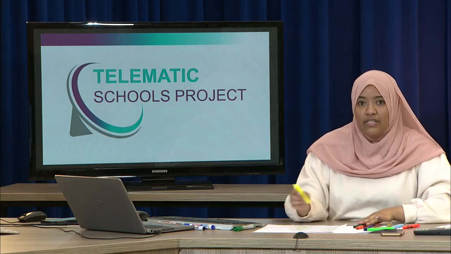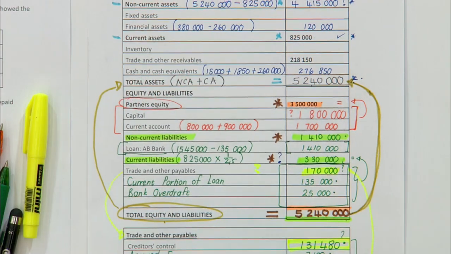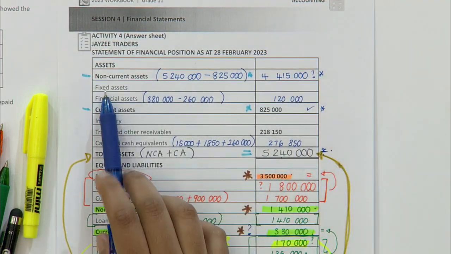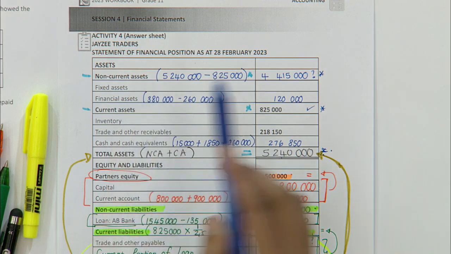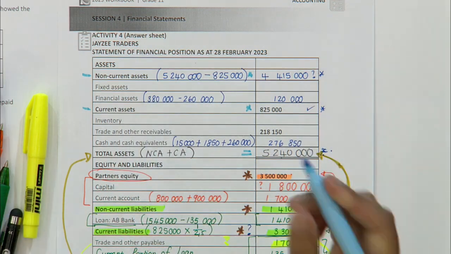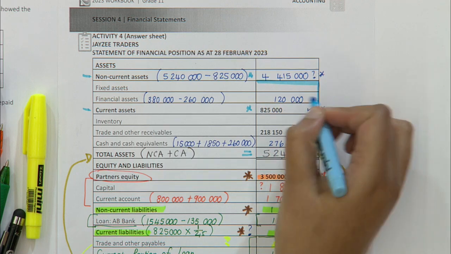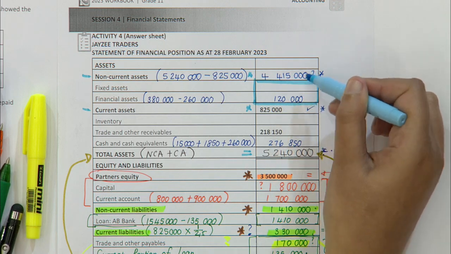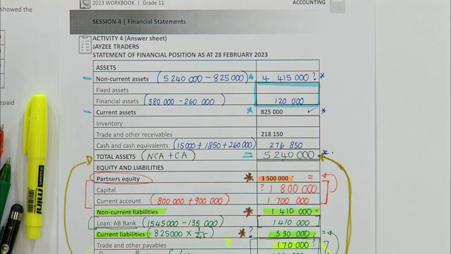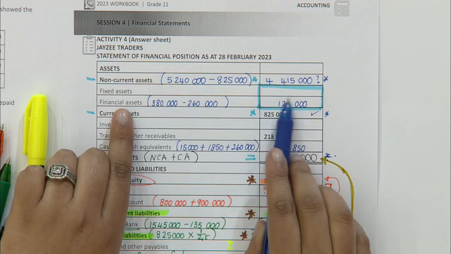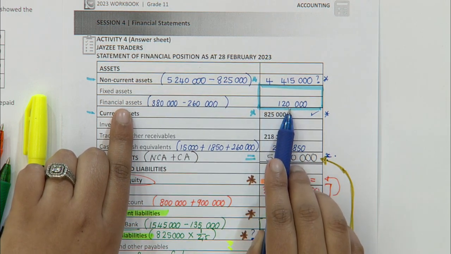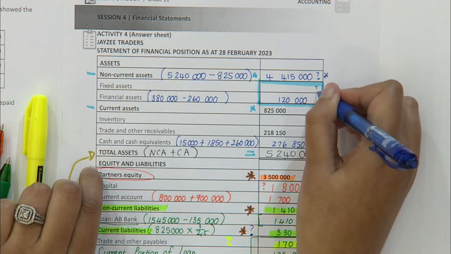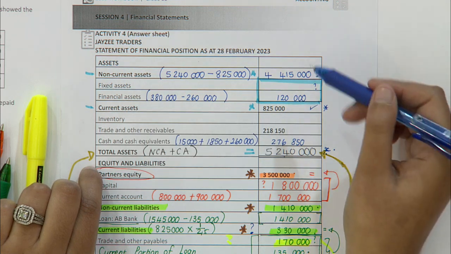Right, so the last part we're going to look at quickly, a few things we're going to finish up on our question. For our fixed assets over here, remember that the total non-current assets, there's a little box over here, add up to 4,415,000 Rand. The financial asset, we calculated, amounted to 120,000 Rand with the information given. And the difference here, this balancing figure, another unknown, is very simple.